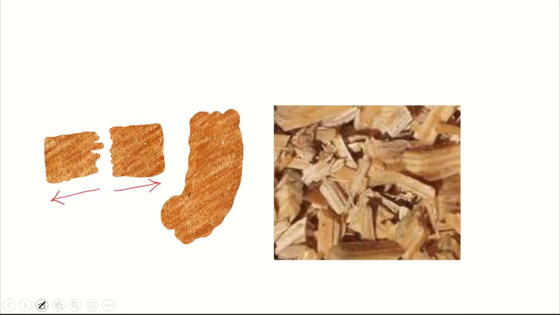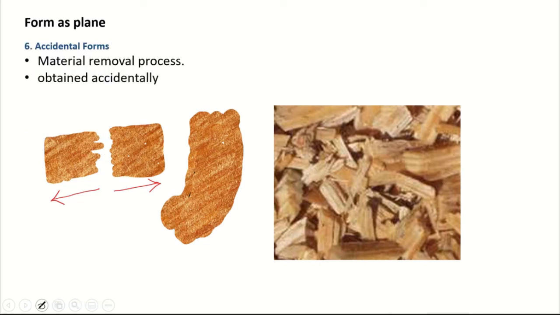Then the next category of plane as form is accidental forms. What are accidental forms? These are forms which are generated accidentally. I mean to say they are non-intentional. Suppose you consider a material removal process, for instance a lathe machine working.